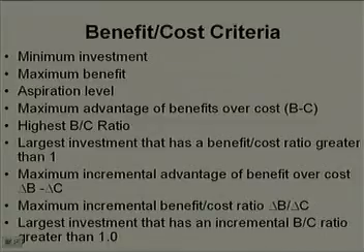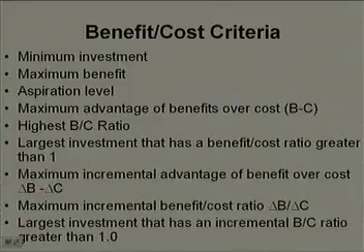They do not see the incremental thing. They will simply go for highest benefit cost ratio. Then in some cases you will find that they go for the largest investment that has a benefit cost ratio greater than 1. This is also sometimes used.